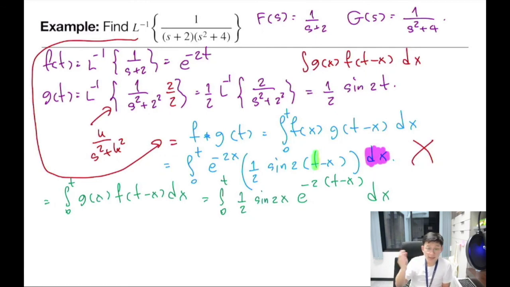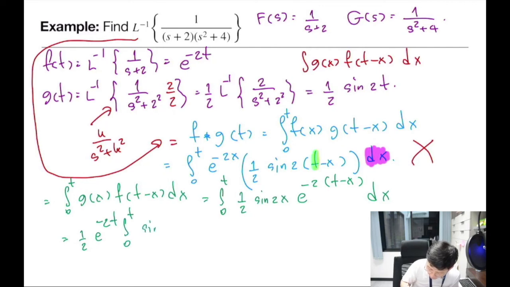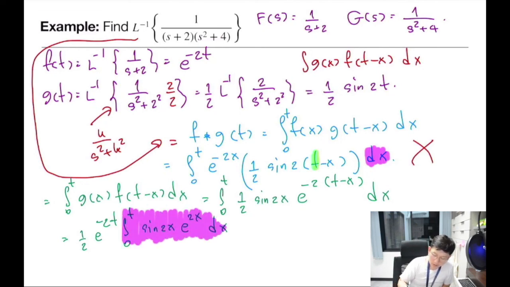And this one, I can pull t out, right? So I get 1/2 e to the minus 2t, integral from 0 to t of sine 2x e to the 2x dx. Okay, and guys, if you want to integrate this function, it's just integration by parts, isn't it?